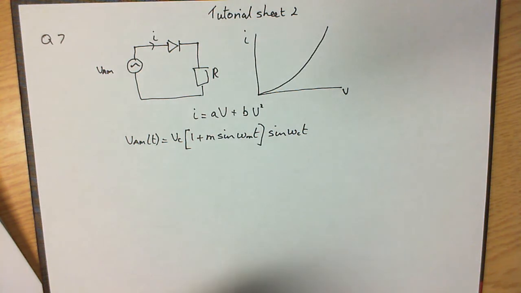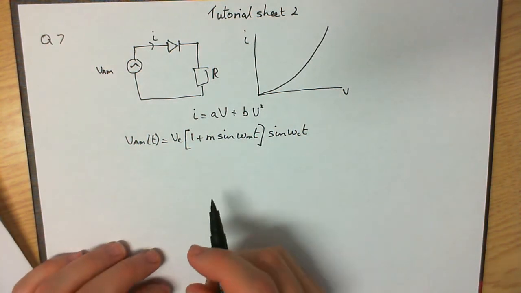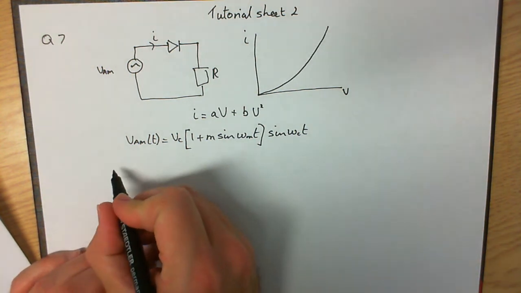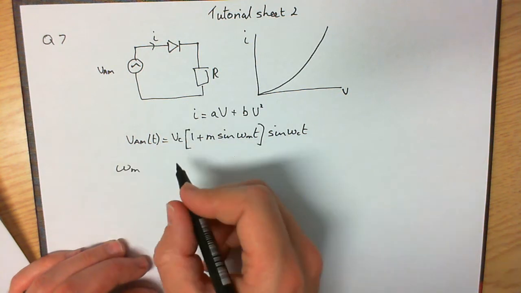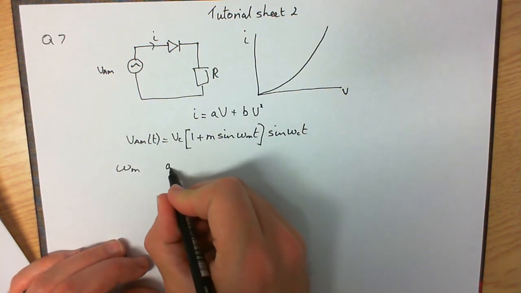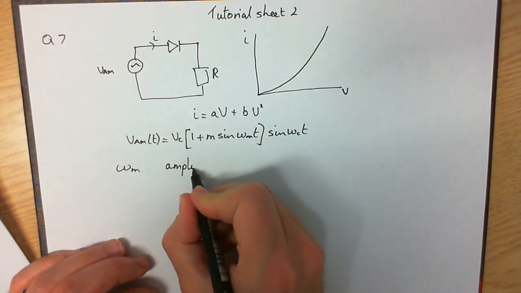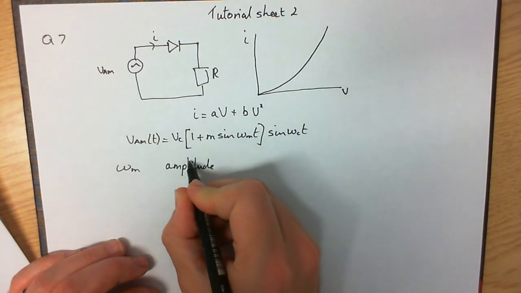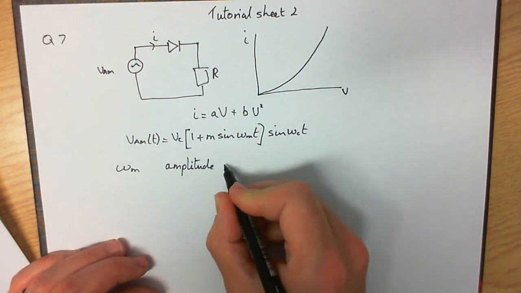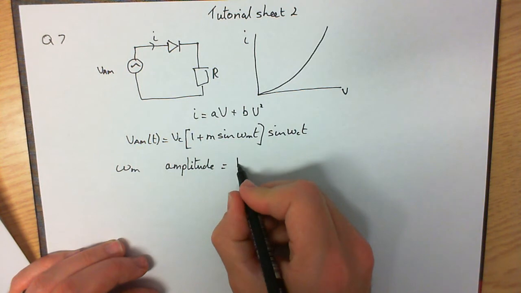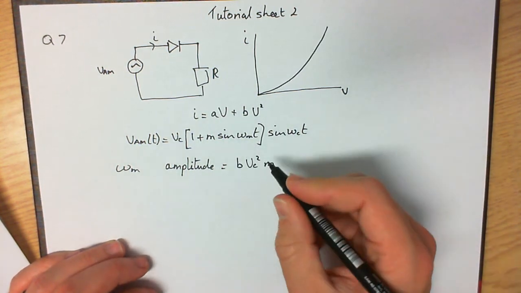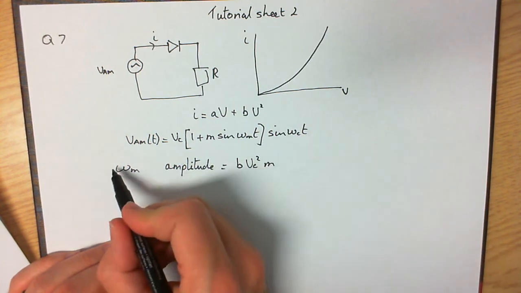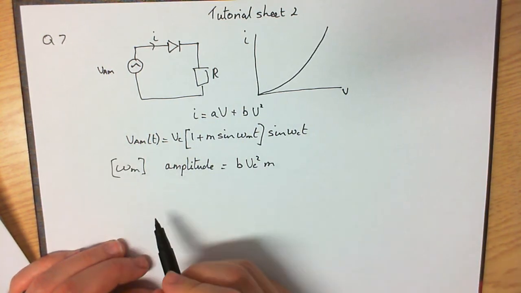And when we do that, I'm not going to do it here, but if you look through the notes, we get two components. We get a component which has a frequency of ωm, and that has an amplitude which is equal to B VC² m, and that is at the frequency of ωm.